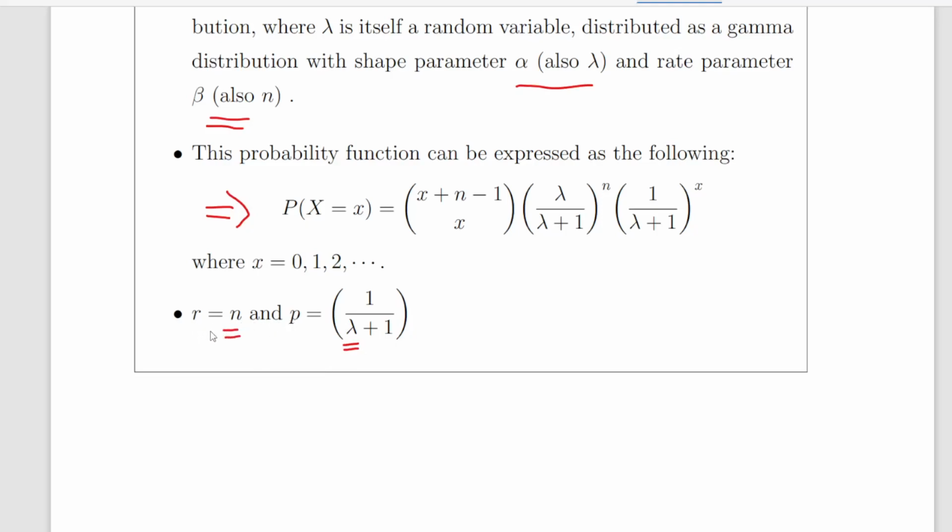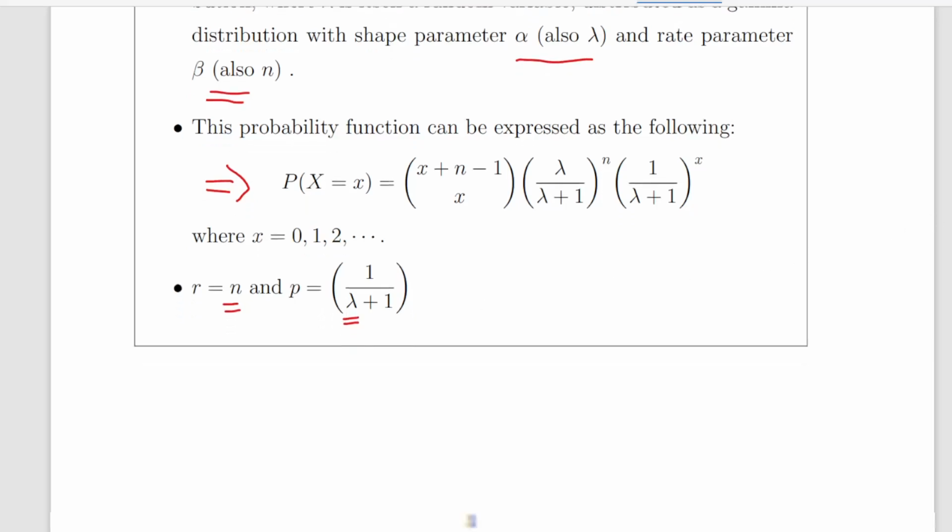So essentially, r is the n value from the gamma distribution, and the probability of success is 1 over lambda plus 1. Sorry, I'm just lost for words.